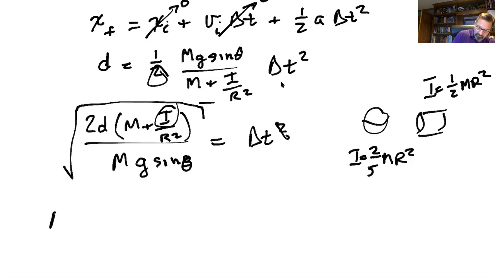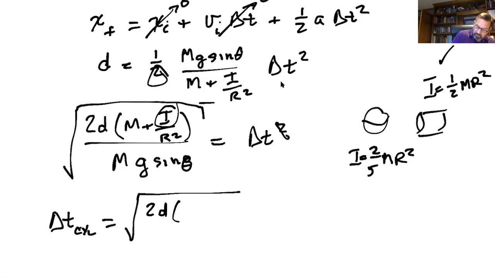Okay, so let's solve for the time interval to get to the bottom of the inclined plane. I did the cylinder first, so we'll do the cylinder first here. Let's see, 2 times d times m plus 1/2 mr squared divided by r squared, all that over m times g times the sine of theta.